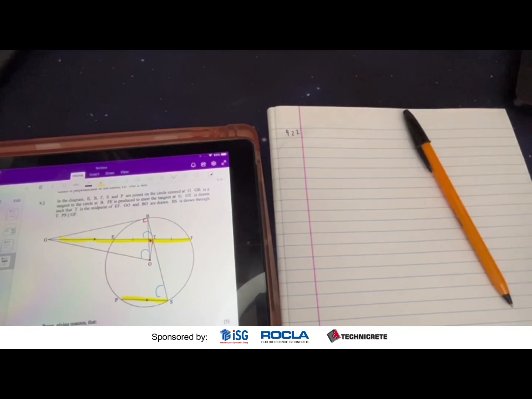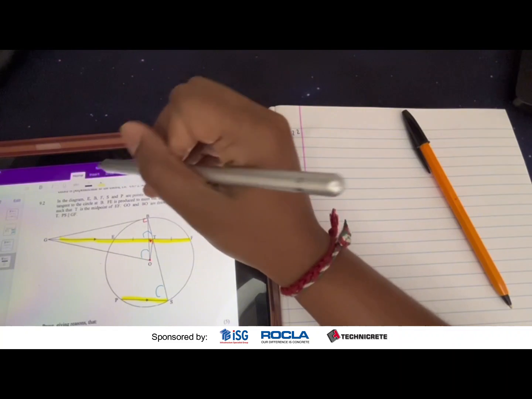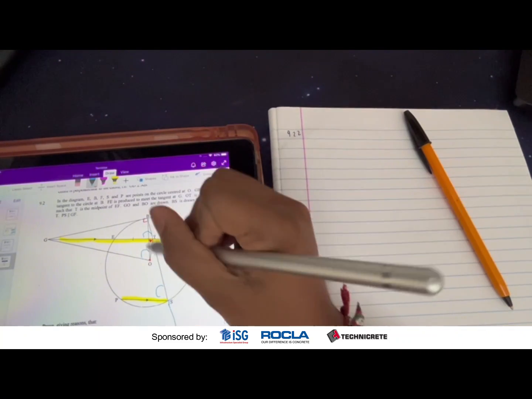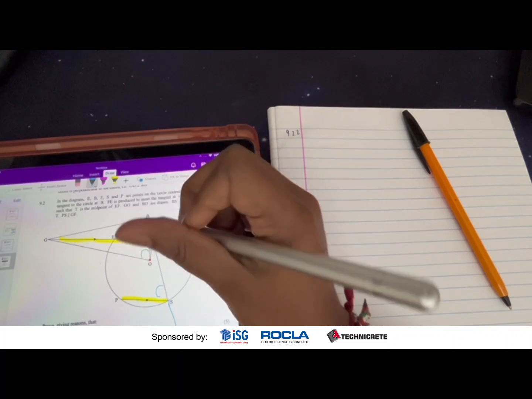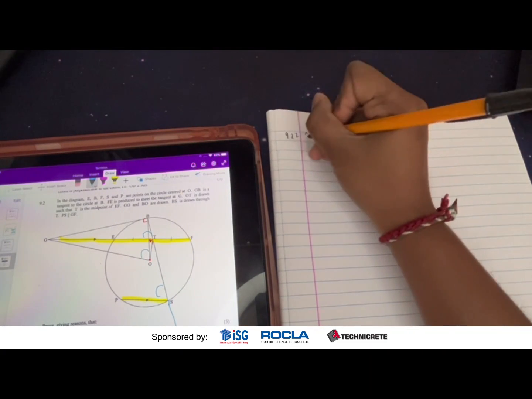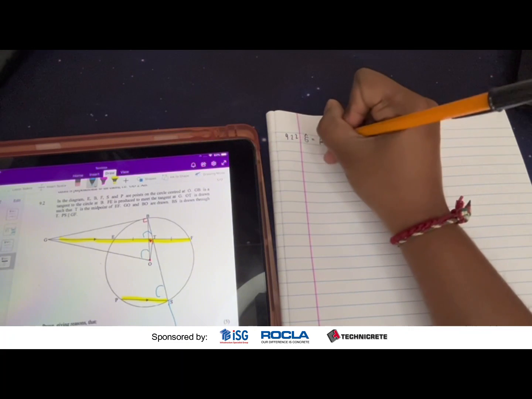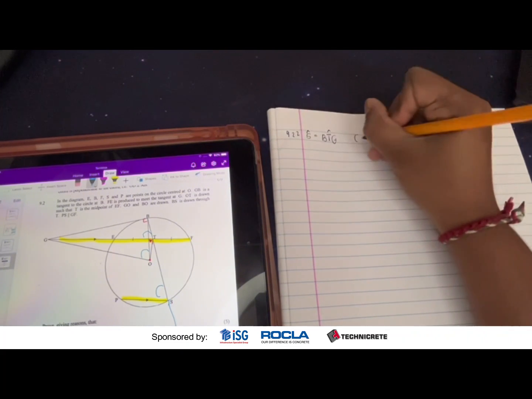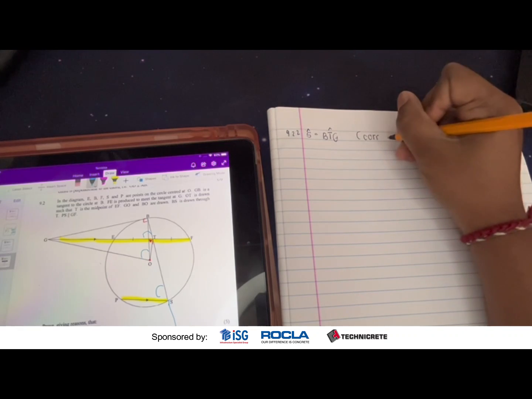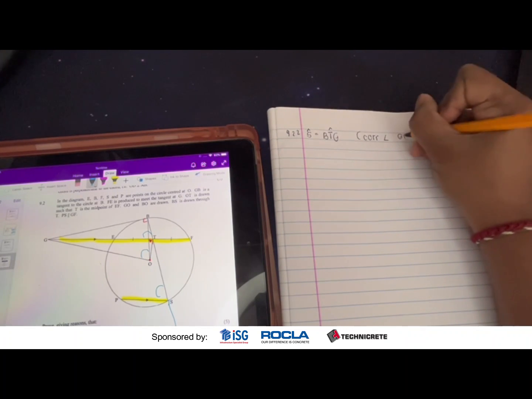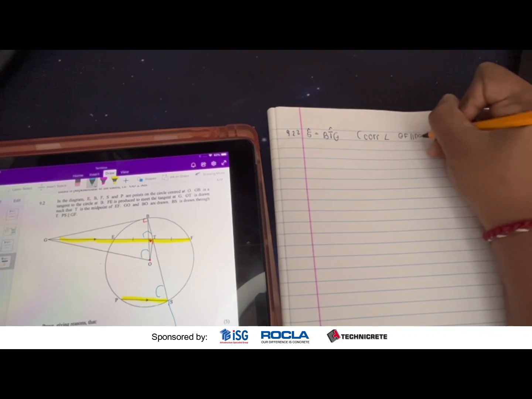Remember, with corresponding angles we're looking for the F shape, and we can see the F shape here, it's going down. So the above the line and above the line is both equal. Okay, so angle S is equal to BTG. Remember, always when you're stating a parallel line rule, you must state the parallel lines. So GF is parallel to PS.